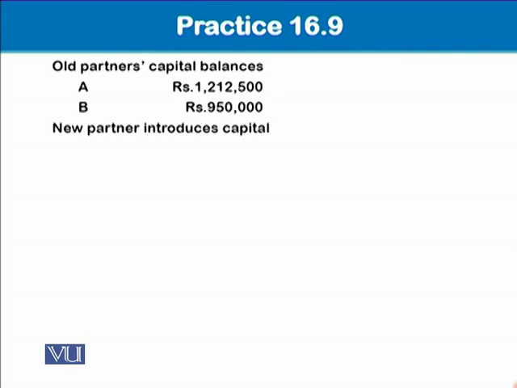So just see the mathematics in this practice question, where the old partners' capital balances are: A is 1,212,500, whereas B has a capital balance of 950,000. The new partner is introducing capital of 400,000 in the business. So this is simple introduction of capital.